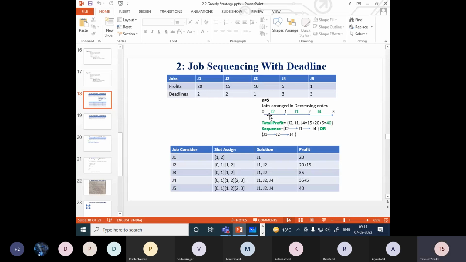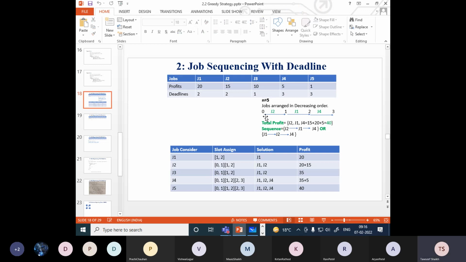Here we arranged J2 in the time slot 0 to 1. But if we look closely at this table, initially J1 had a profit of 20, and this person is ready to wait for 2 hours.